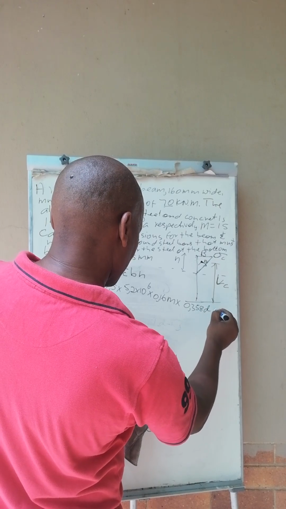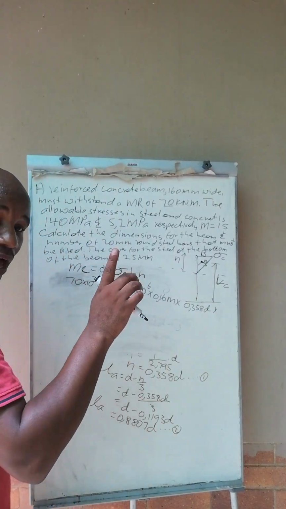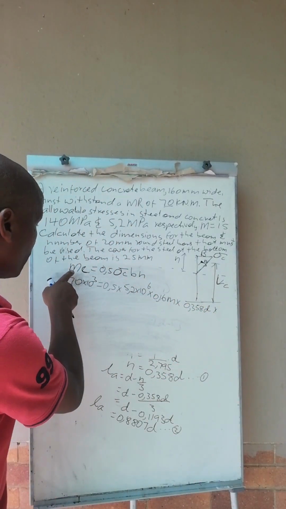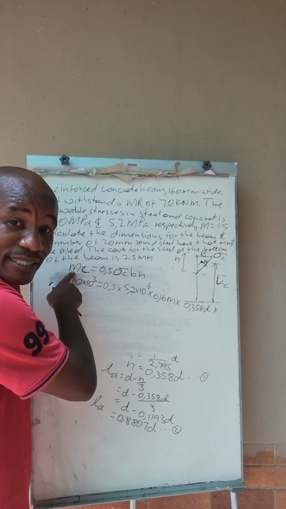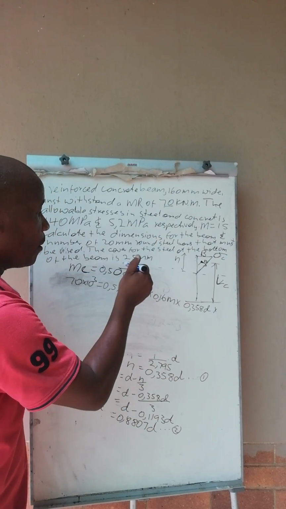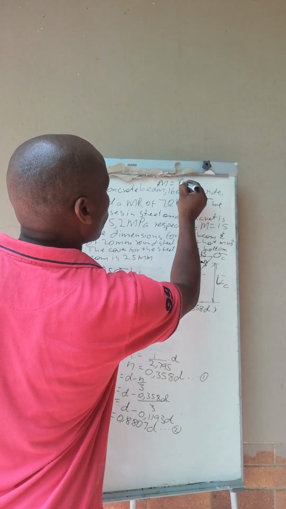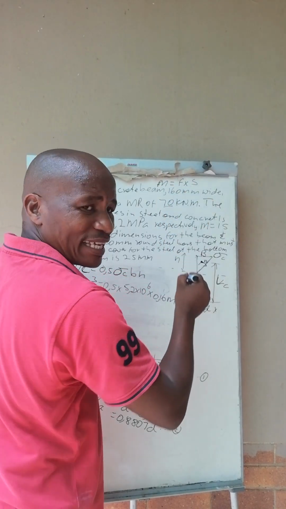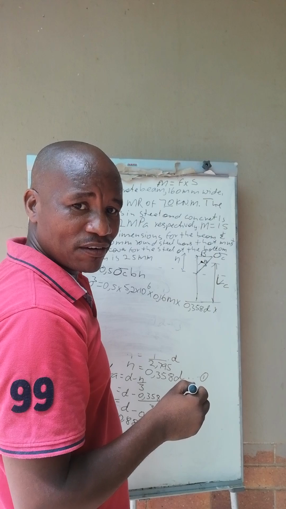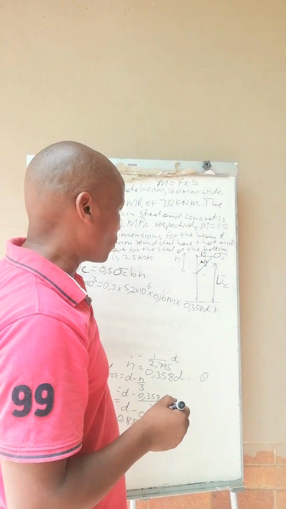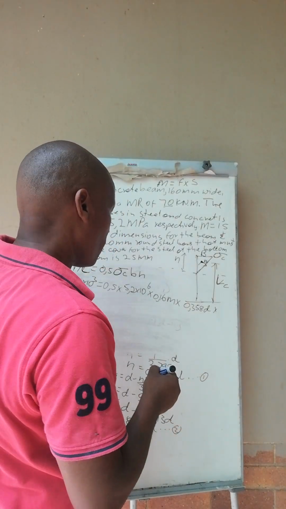N is 0.358 d, multiplied by, now remember, moment is equal to force by distance. I still remember that from standard 2, right?